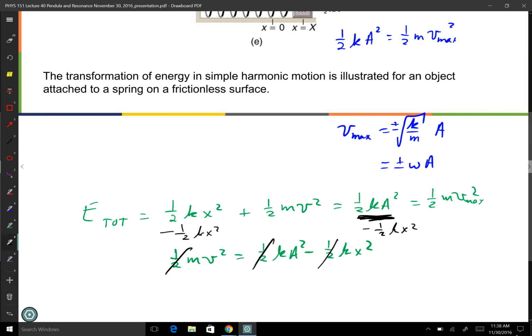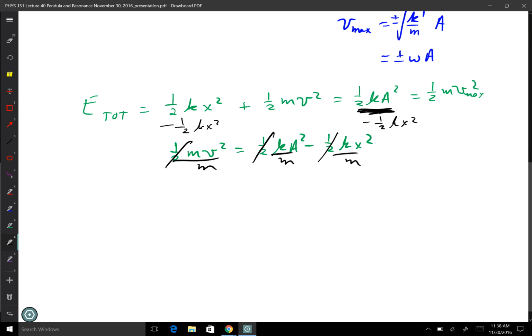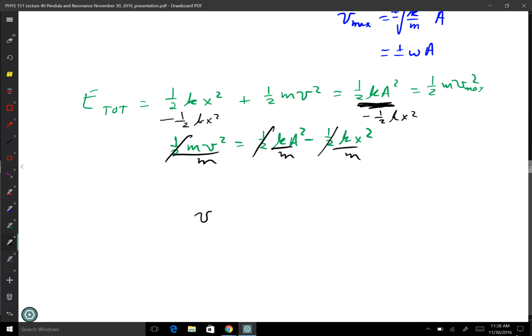Divide everything by m, and I'm going to have v squared is equal to k over m times amplitude squared minus x squared.